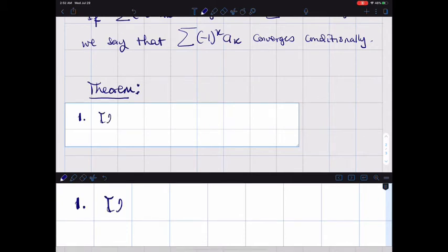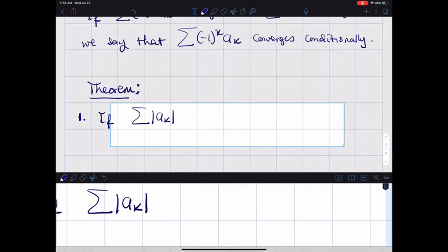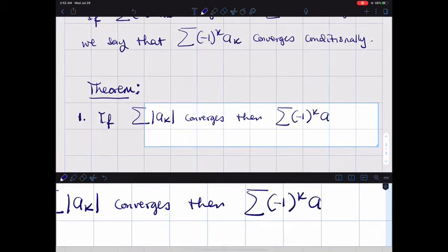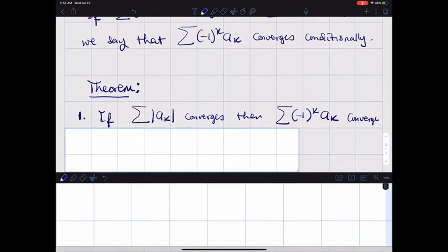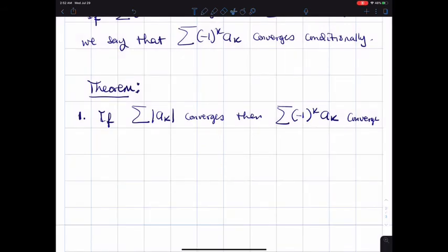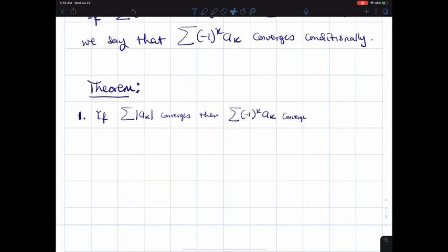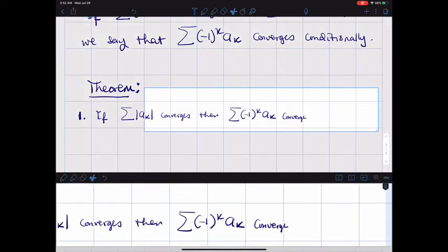The first part: if the series of absolute values of a_k converges, then this series must converge.